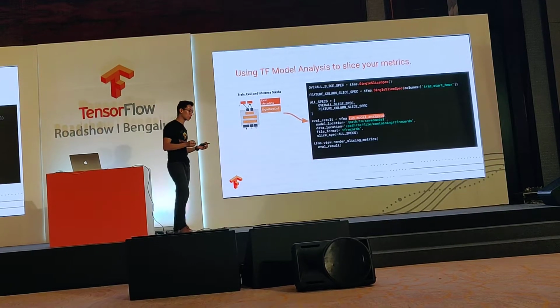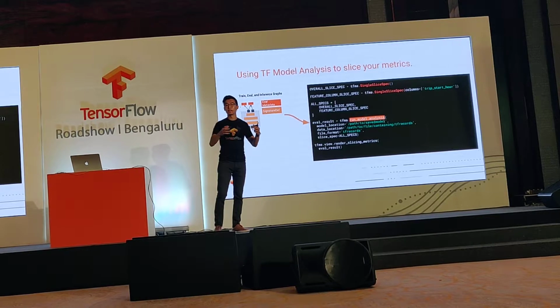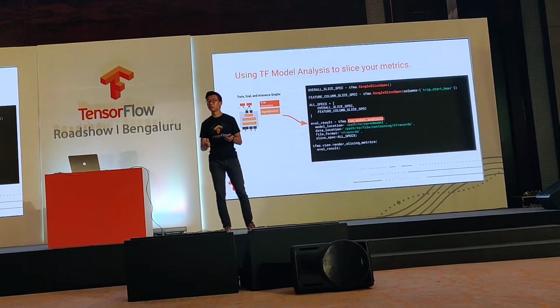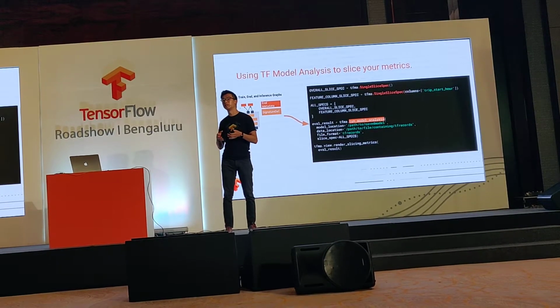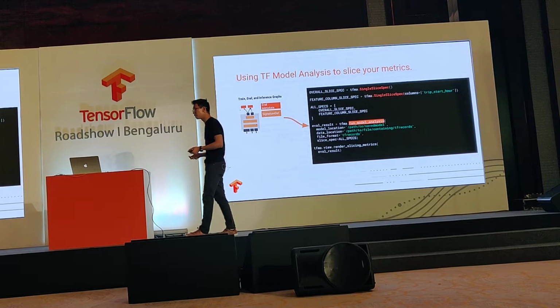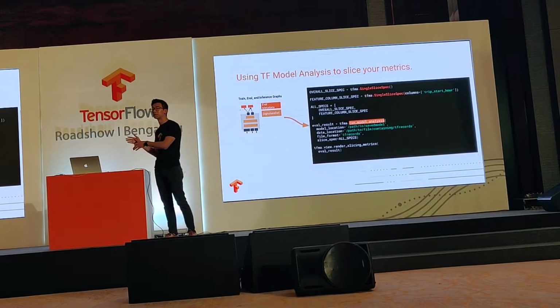And what does that mean? It means that we use Apache Beam to run over your entire evaluation data set to compute exact metrics that can be sliced. These are different than the metrics you see in TensorBoard, because TensorBoard outputs approximate metrics that are based on mini batches.